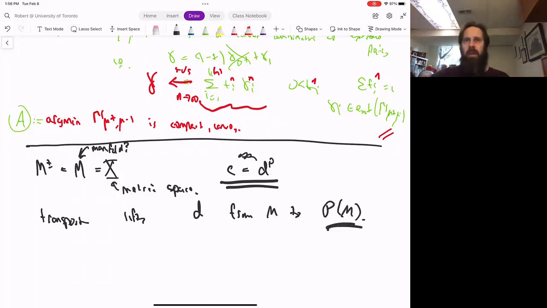Basically what I'd like to show is that if M is a Polish space, then PM is a Polish space. And moreover, I want to understand what topologies these metrics, the total transportation cost, give on PM, and what kind of geometry.